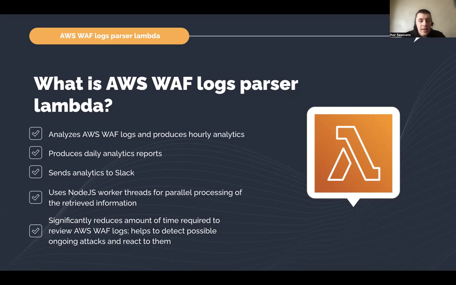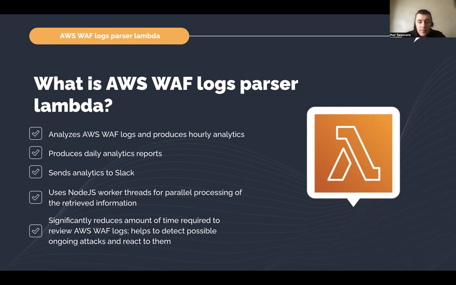Also, it uses Node.js worker threads for parallel processing of the retrieved AWS WAF logs, so the processing can be done faster, you will spend less time running the AWS Lambda itself, and you will be able to process more malicious requests.